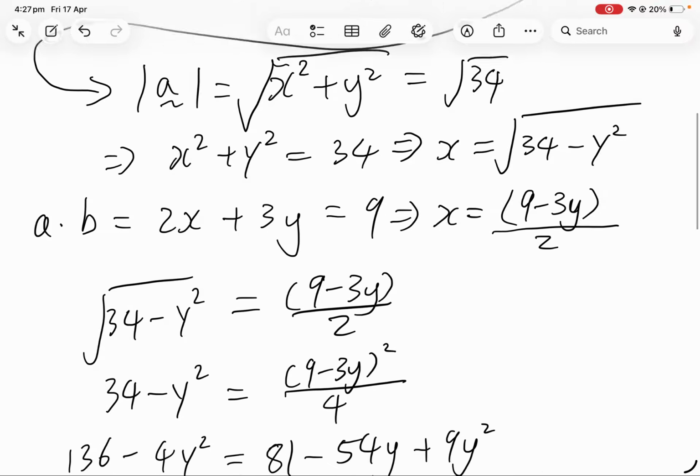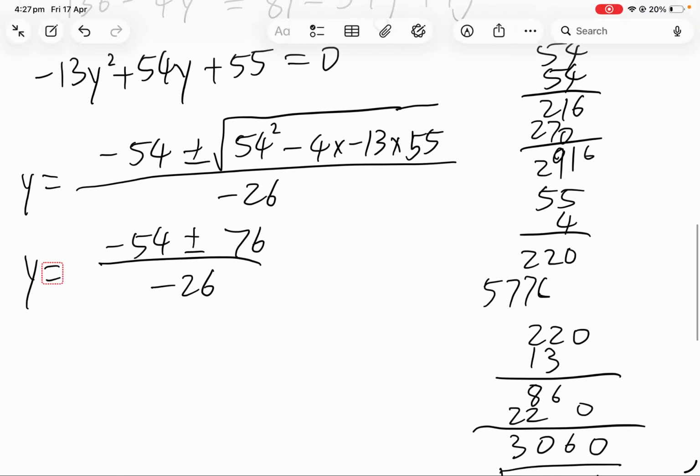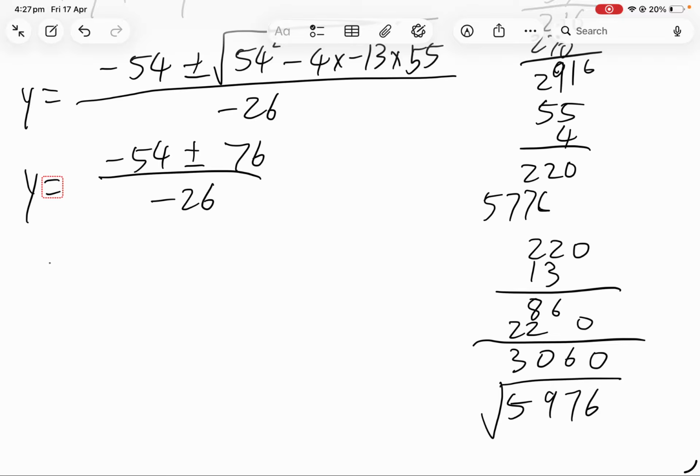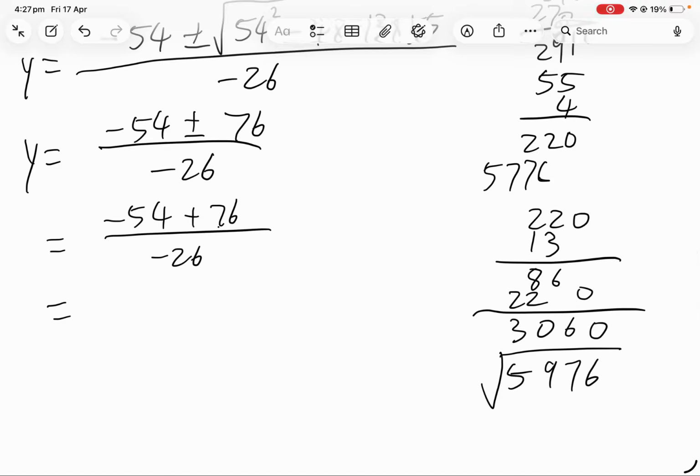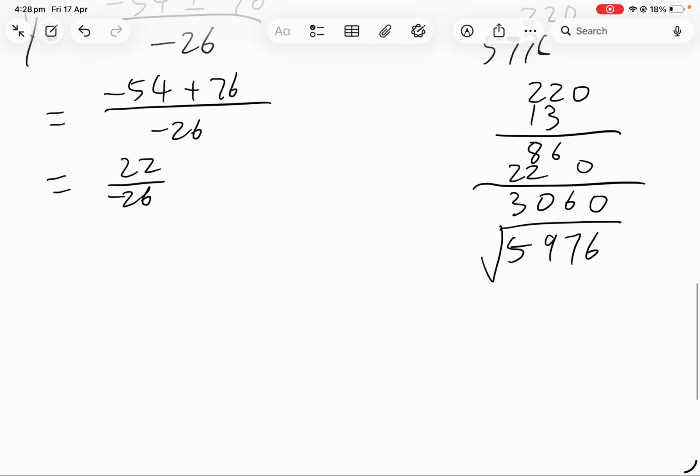So this is getting y. Let's do plus first: negative 54 plus 76 over negative 26, which is 22 over negative 26, which is some decimal, so I don't think that's right.